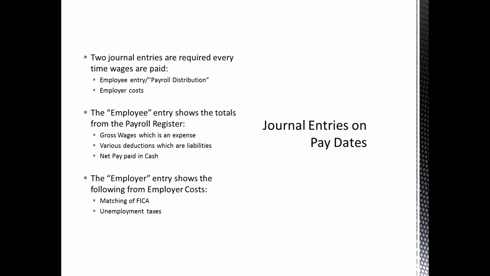You have state income taxes you have to send on to the state, possibly city income taxes. You might have child support that was taken out that has to go to the child support agency. You have 401k or other pension type deductions that then have to go there. You have health insurance possibly being taken out of the employees' pay that has to go to the health insurance company.